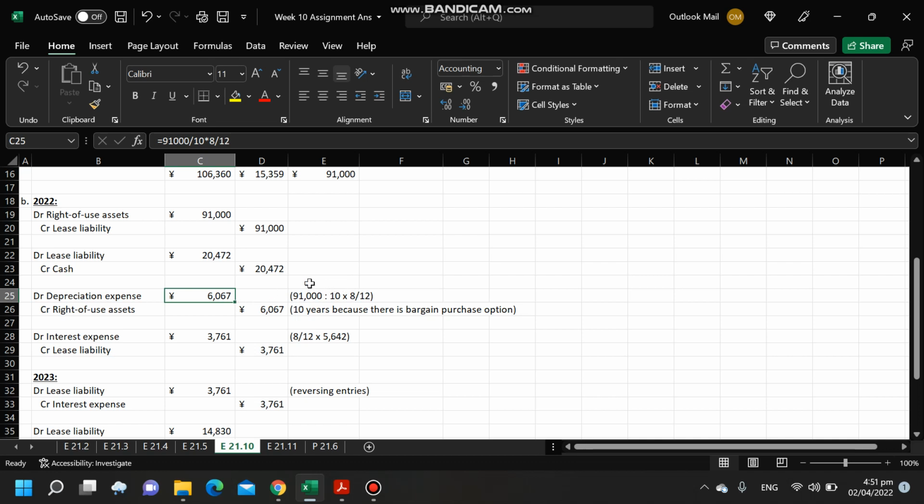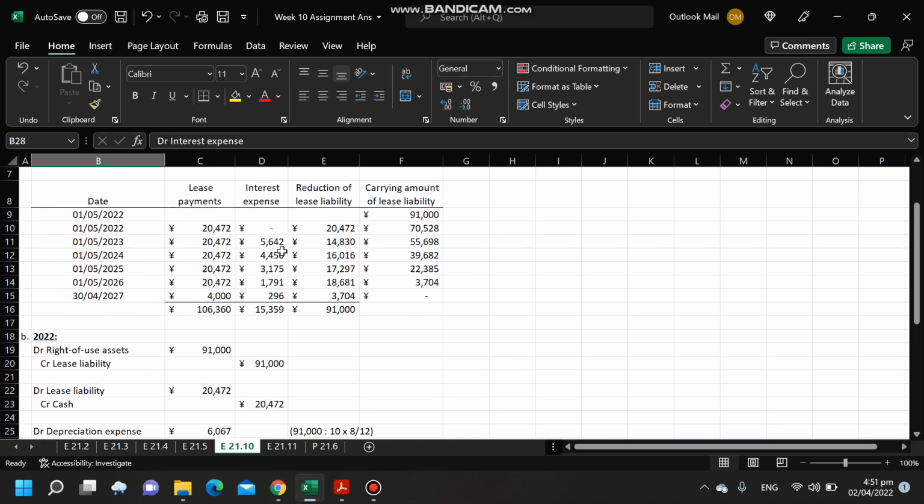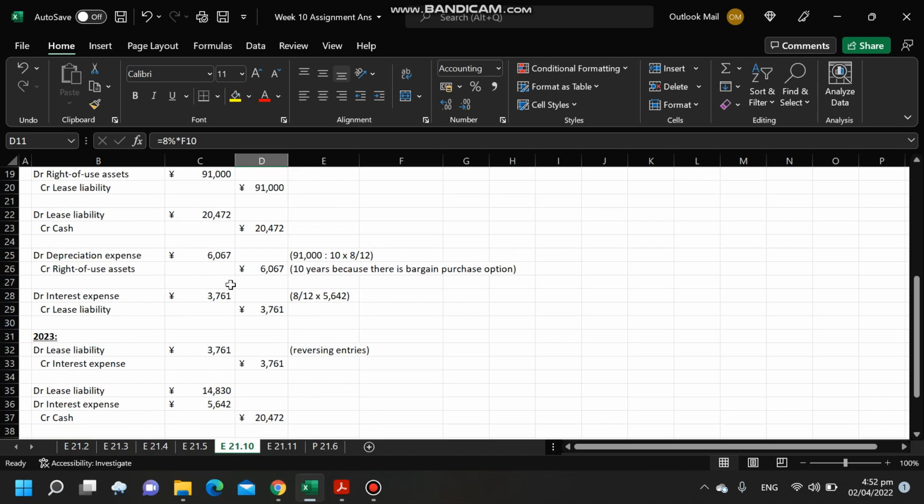So that's why this is divided by 10. And then for the interest expense, at the end of the year we must accrue the next year's interest expense. So 5,642, remember to times 8 over 12 also, because from May to December. So you will debit interest expense, credit lease liability, 3,761, which is 8 over 12 times 5,642.